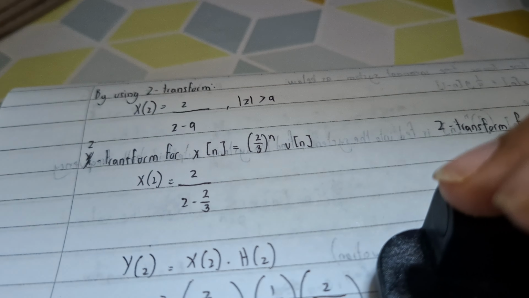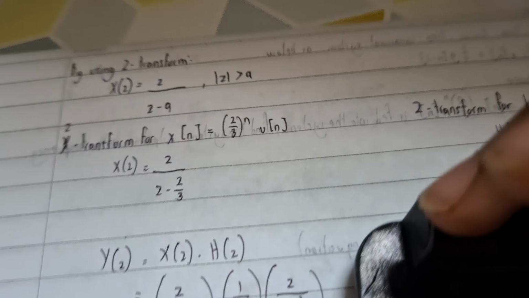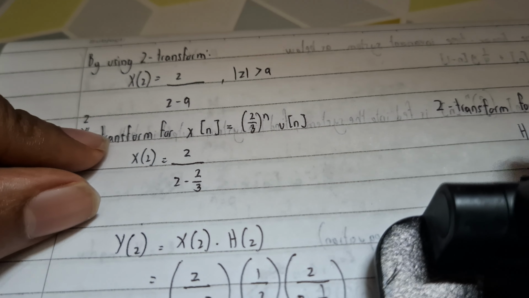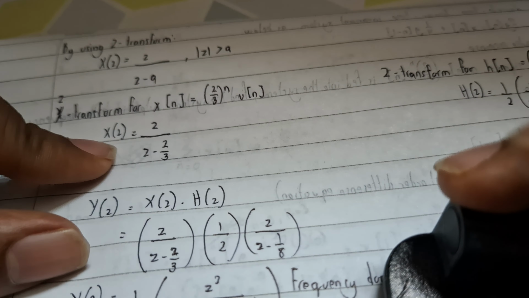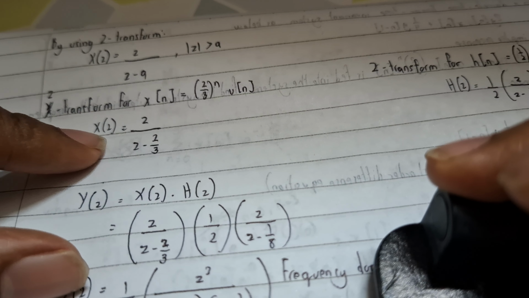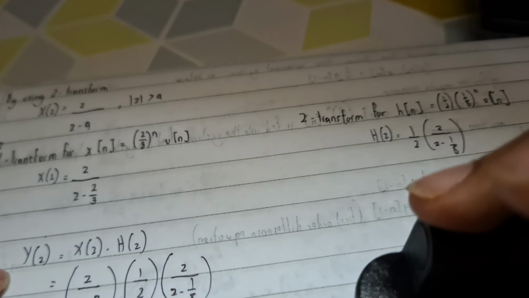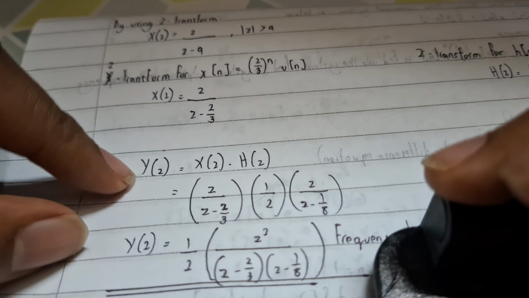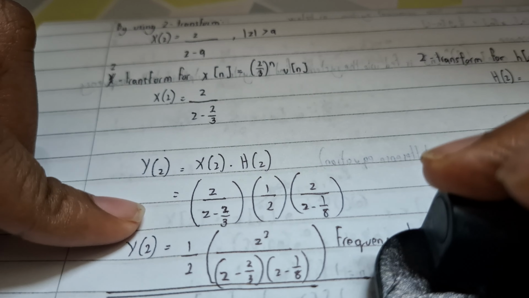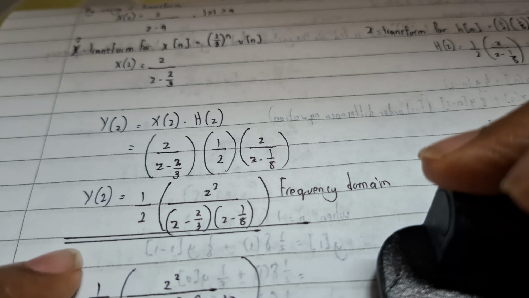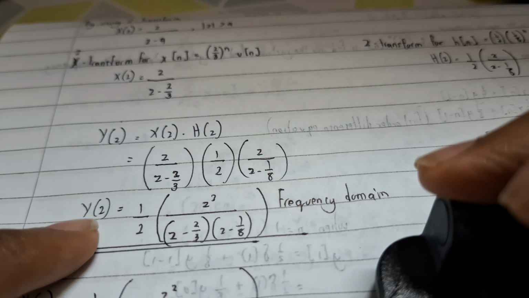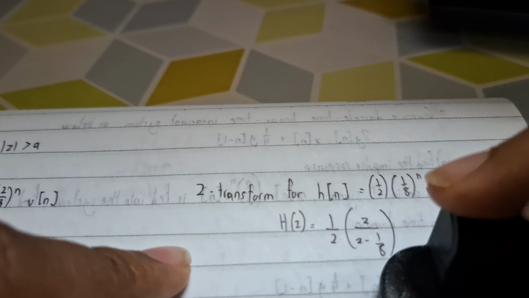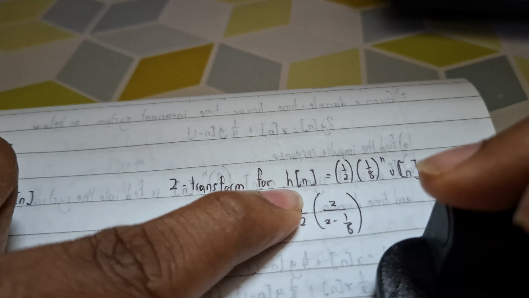In terms of the frequency domain, I'm going to use the Z transform, whereby X(z) equals z over z minus 2/3. Then I'm going to use the convolution property, which is Y(z) equals X(z) times H(z). Beforehand, I will find the Z transform of h[n], the impulse response.